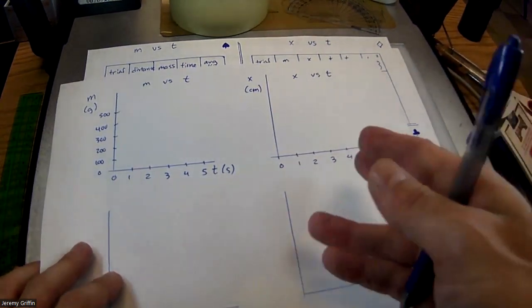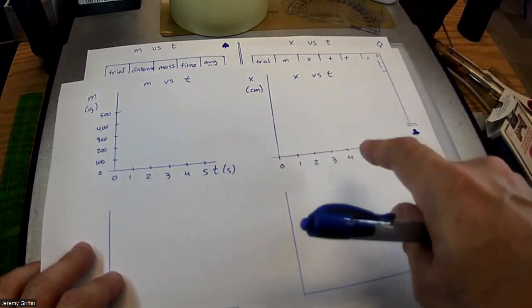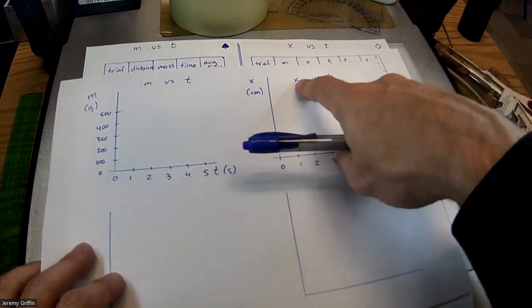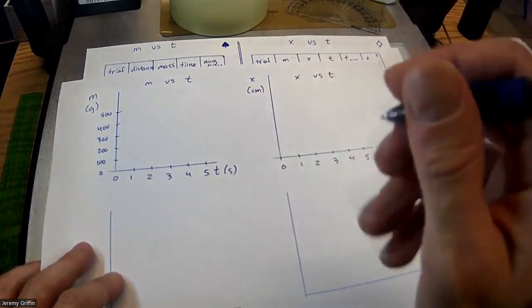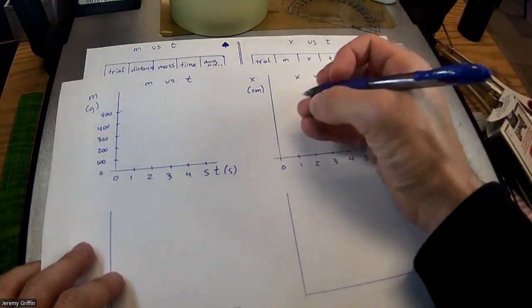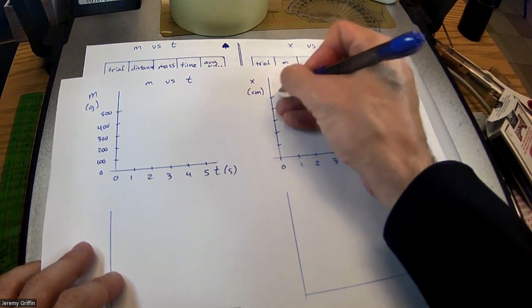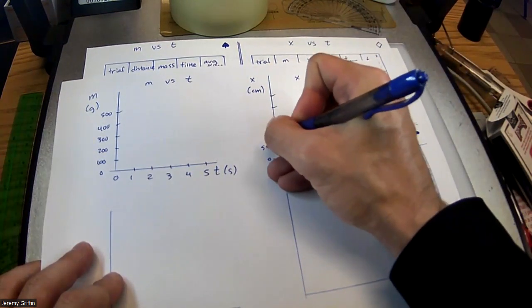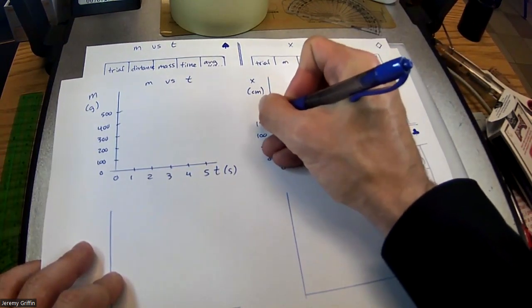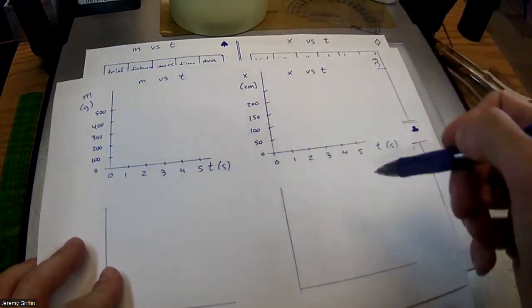Take your biggest time value and scale it accordingly. If your biggest time value is 2 seconds, maybe a half, 1, 1.5, 2. And for displacements, I know that incline goes up to 227 centimeters, I think, so maybe you can do 0, 50, 100, 150, 200 centimeters. Now all your data can fit in that space.